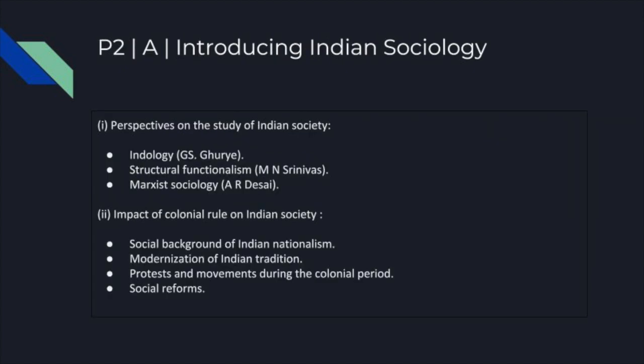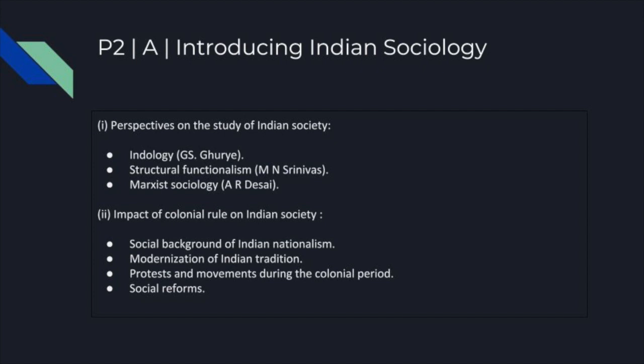Then we come to a brief introduction to Indian sociology. We'll be doing subtopic A, in which there are some thinkers like Indology, given by G.S. Ghurye. Then we have M.N. Srinivas and A.R. Desai.